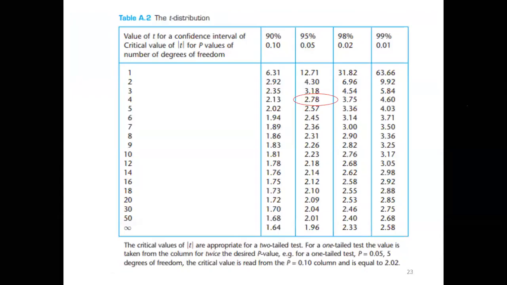Then go to the table. Here's the table for the t distribution. The first row has the values of t for confidence levels of 90, 95, 98 and 99 percent, and the critical values of t for the number of degrees of freedom.